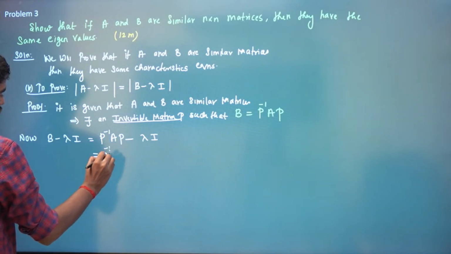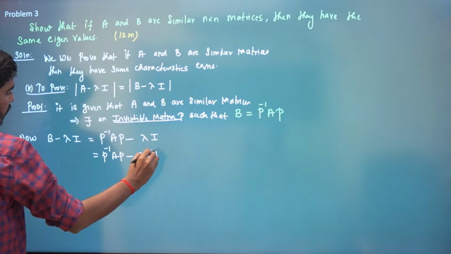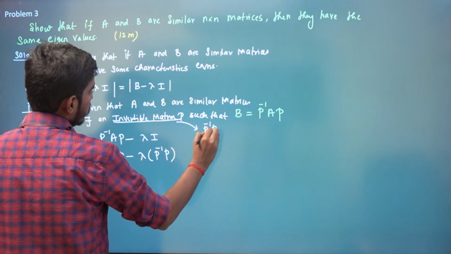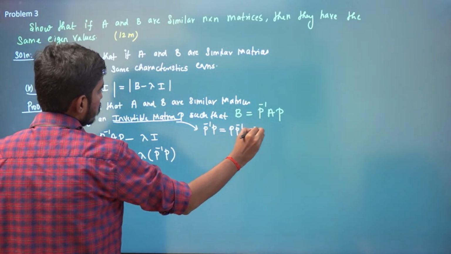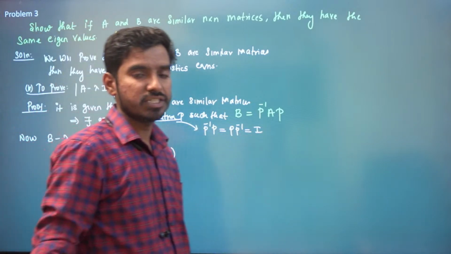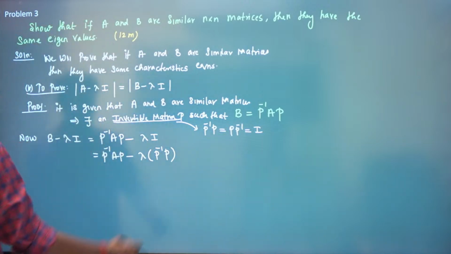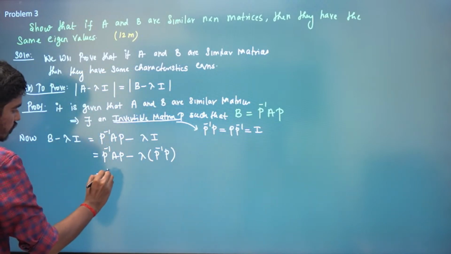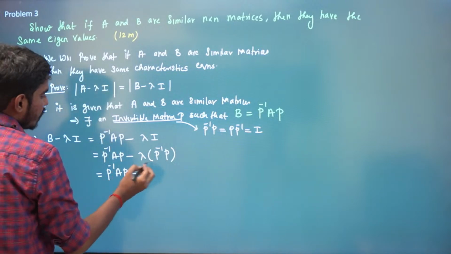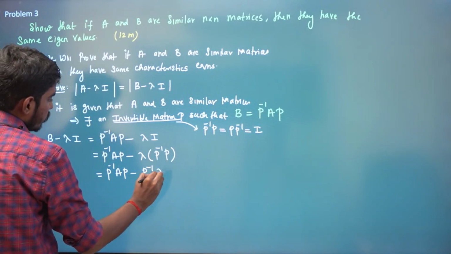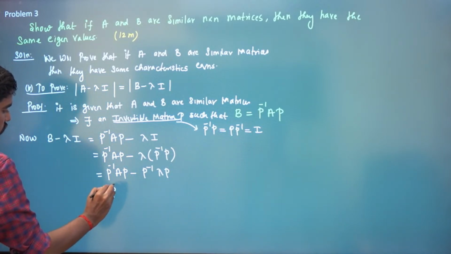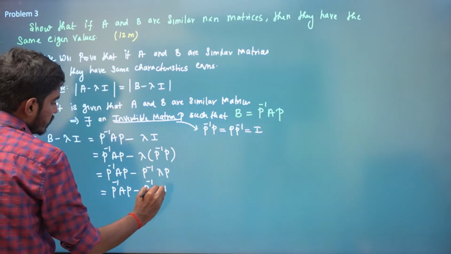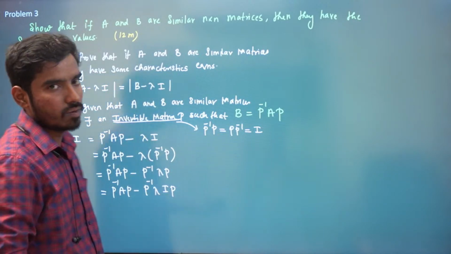Now this is P inverse AP minus lambda I. Can I write this I as P inverse into P? Because P is an invertible matrix, by definition the inverse exists, so P inverse into P is equal to the identity matrix I. Now this lambda is a scalar, so I write lambda I as P inverse of lambda I into P. Both are the same, since I into P is P only.